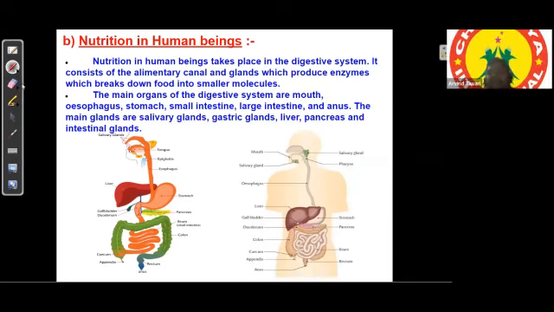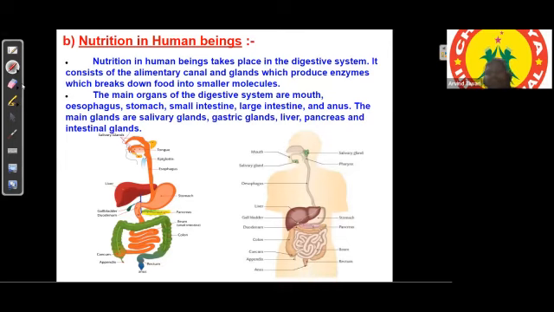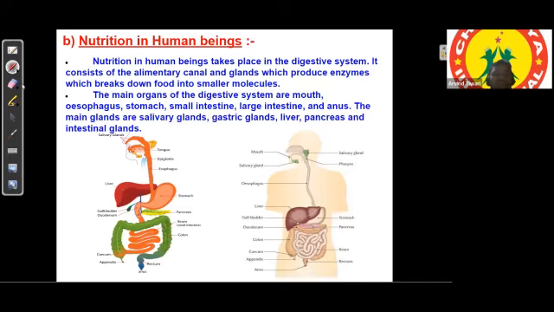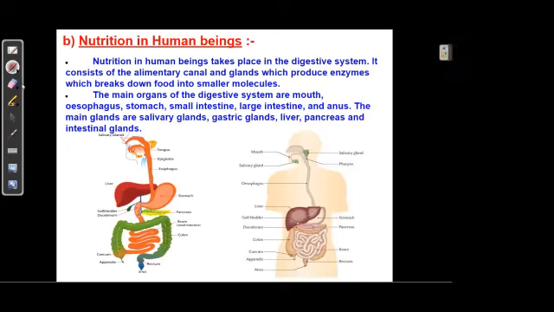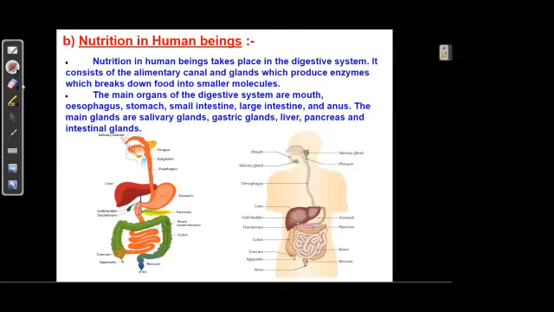Very good. Then next, Vedika. Sir, protein synthesis. It's protein synthesis done by liver. No, I don't think the proteins are synthesized by liver. Sir, it helps in digestion.